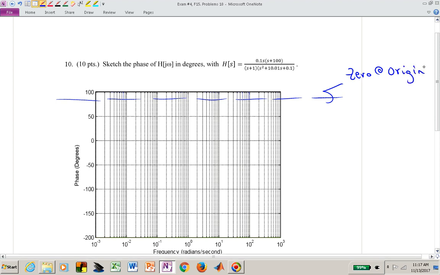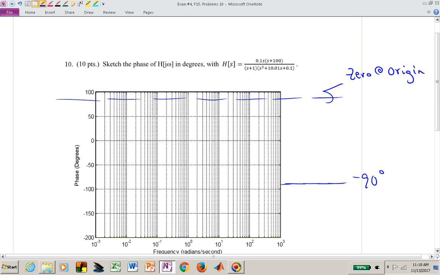You might want to check your work at the end and ask, where do we start? Well, we start there. That's as low a frequency as we can get with something at the origin. And at high frequencies, we better be finishing at the pole zero excess, which is 3 minus 2, or 1 times minus 90. So we better be finishing at minus 90 beyond the highest frequency of interest.